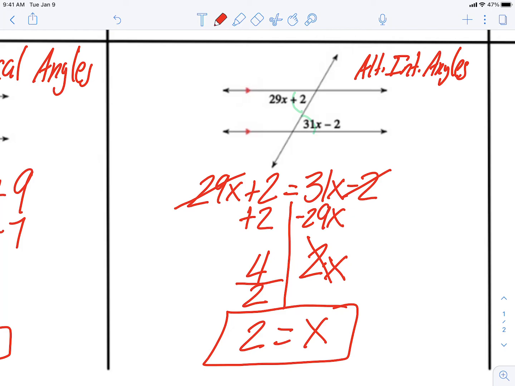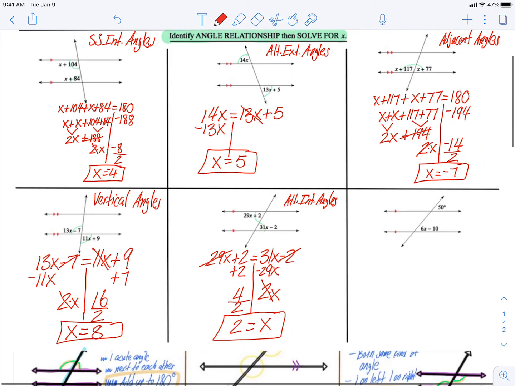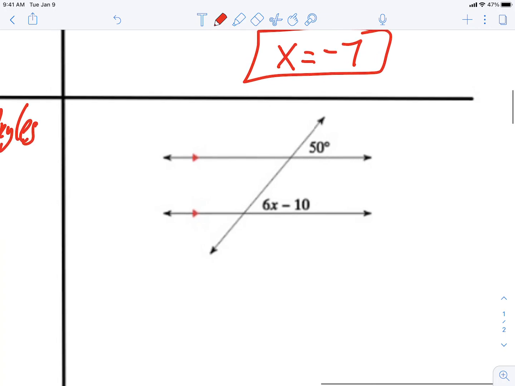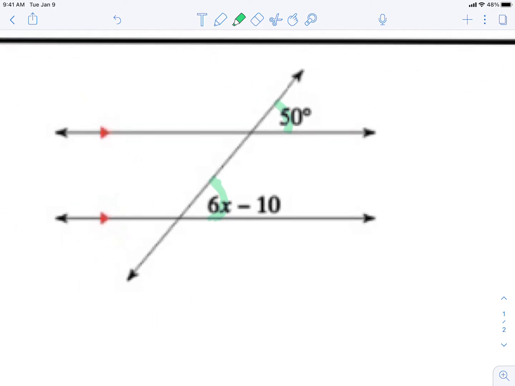Right? Perfect. And we have one more to go. Number 6, so let's check it out here. So I have that angle here, and I have this angle here. Well, if you notice, they're kind of in the same position, right? Look, they look very similar to each other.